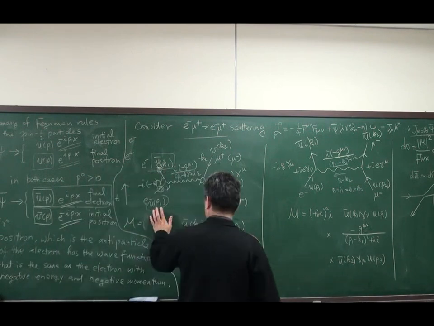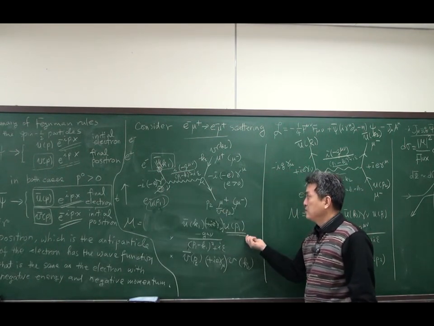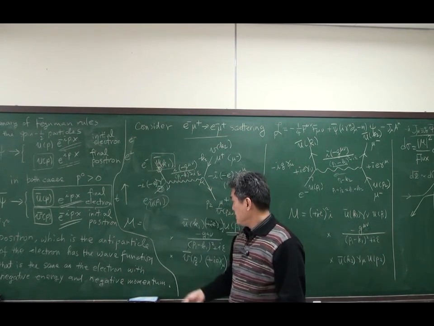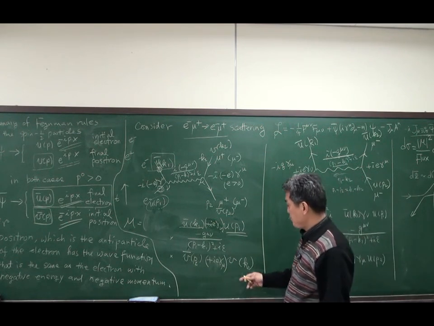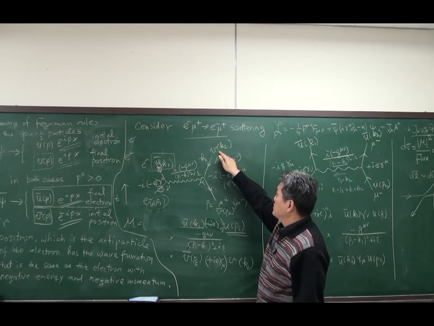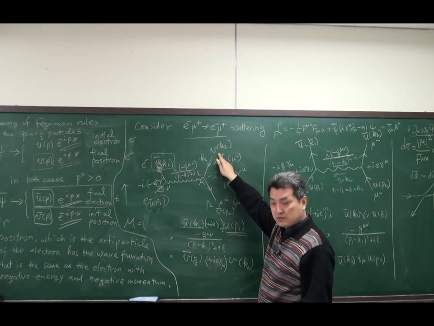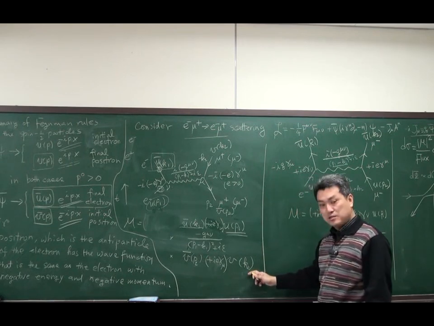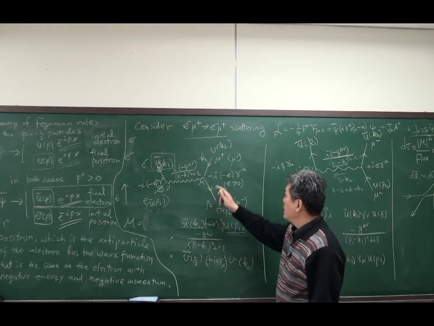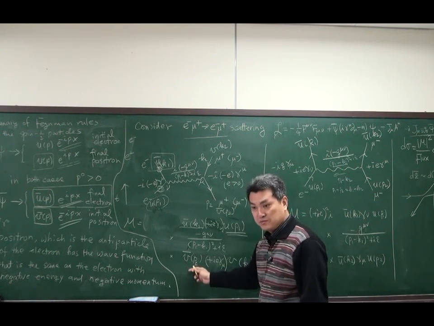Initial state wave function is attached here. Final state electron, U bar K1. So the final state anti-mu1 is here, upside down. And the initial state anti-mu1 is here.